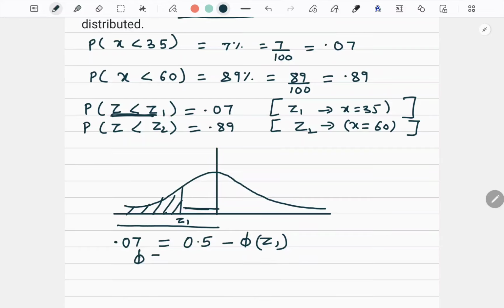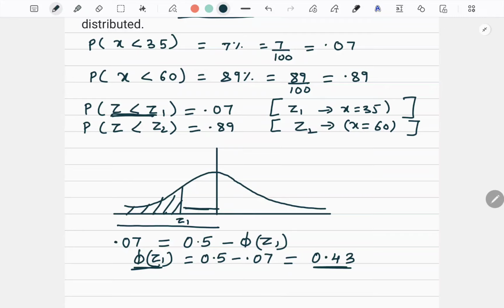So what is the value of phi z1? Phi z1 is 0.5 minus 0.07, which is equal to 0.43. So phi of z1 is 0.43. Till now, what was happening? I knew this z1 and in the table I was searching for it. Now it is a reverse thing. If you see the normal table, I should search 0.43 and then I should get the corresponding z1 value.